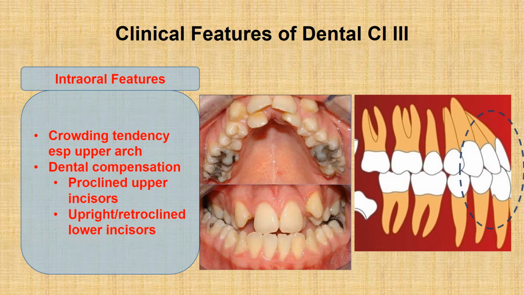And there also will be seen a dental compensation whereby the upper incisors tend to be proclined, whereas the lower incisors tend to be upright or retroclined. This is a feature of compensation whereby the dental occlusion is compensating for the class 3 incisors.